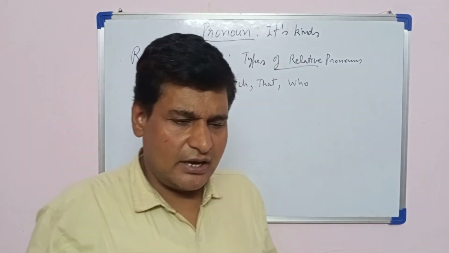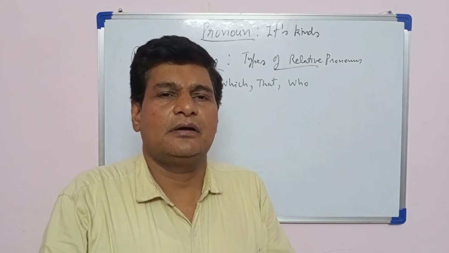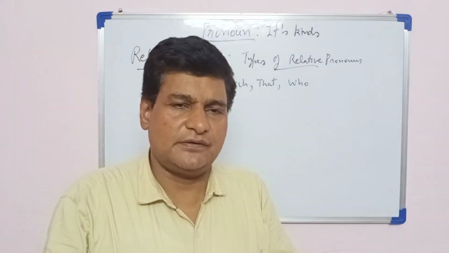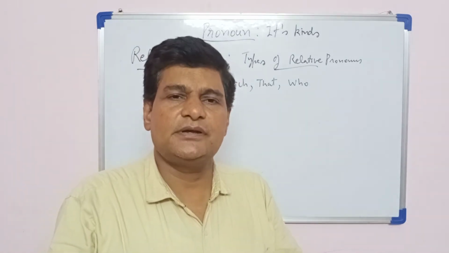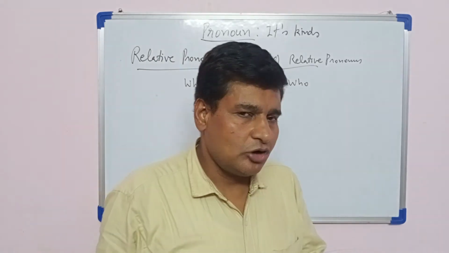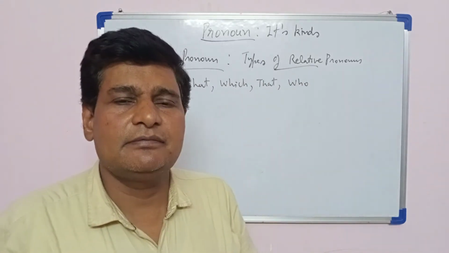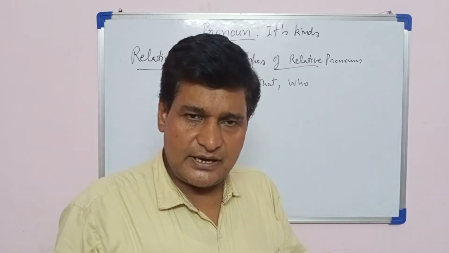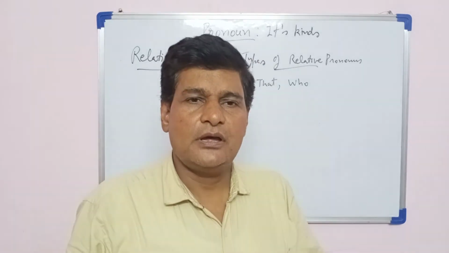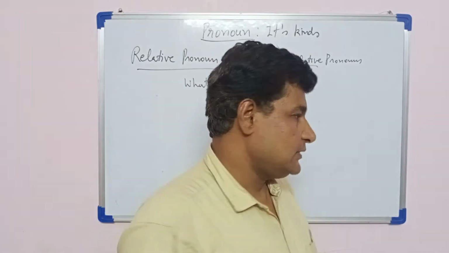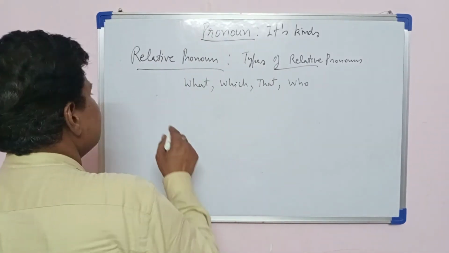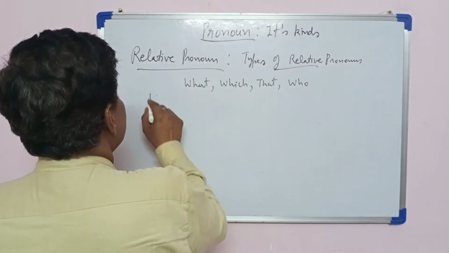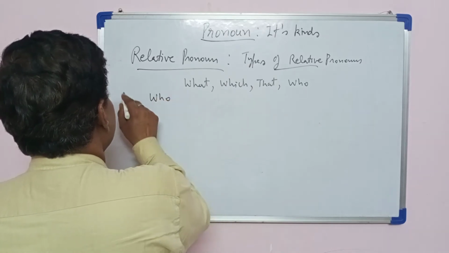We all know that there are three cases in noun and pronoun: nominative, possessive, and accusative. Nominative is also called subjective. Accusative is also called objective case, and possessive is also called genitive case. So we will understand them one by one. Firstly, we will take who.